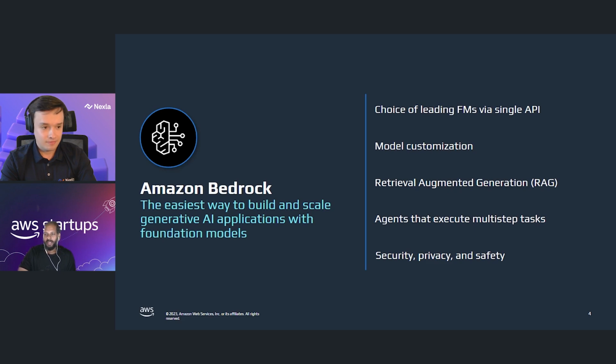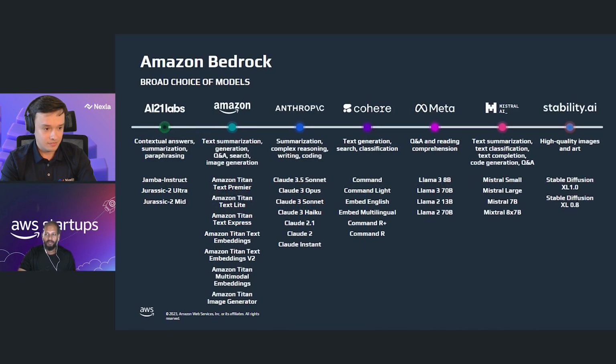So Amazon Bedrock is a fully managed service that offers a choice of high-performing foundation models from leading AI companies, along with a broad set of capabilities that you need to build generative AI applications with security, privacy, and responsible AI.